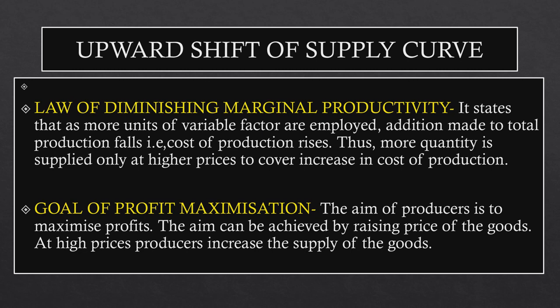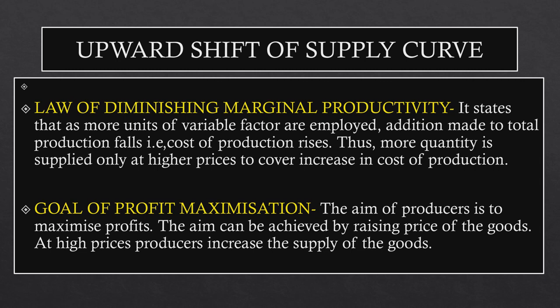The first one is the law of diminishing marginal productivity. What is the law of diminishing marginal productivity? It is basically that the more units of variable factors you use in production, that means the more raw materials you use for producing goods, your cost of production increases.